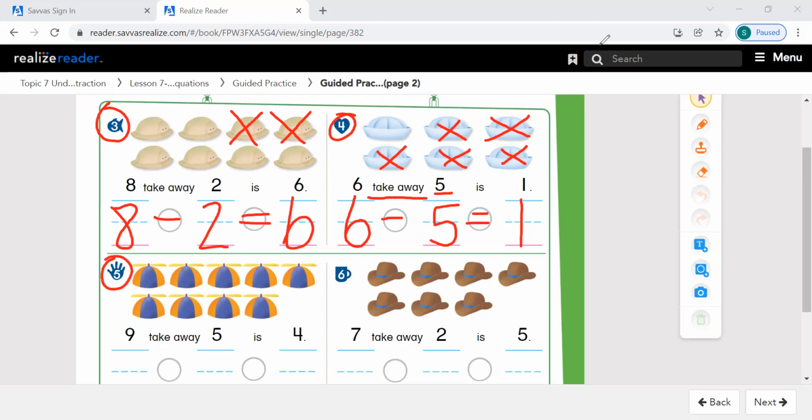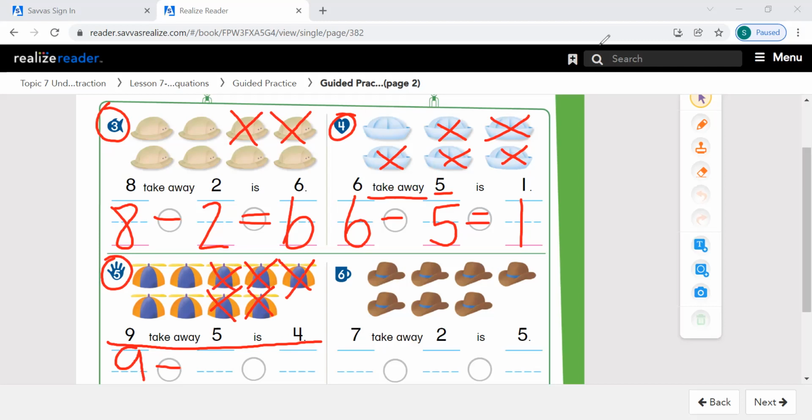All right, let's look at number 5. 9 take away 5 is 4. So we have 9 in all. We're taking away or subtracting how many? 5. So what do we do? Mark X's on 5. 1, 2, 3, 4, 5.